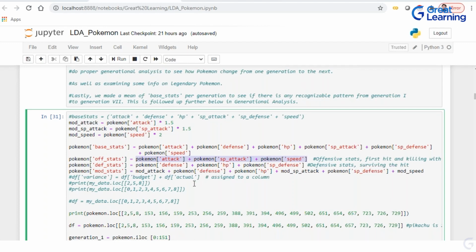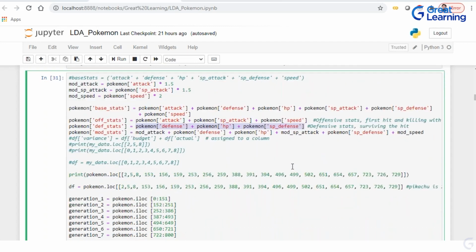In case of defense, we were considering the Pokemon defense, its HP, and the special defense. So what we are trying to say is we were creating newer variables to have an insight into what's happening, or to have an insight into can we describe the character by putting in more details and by being very specific about certain features and by creating newer variables as well.